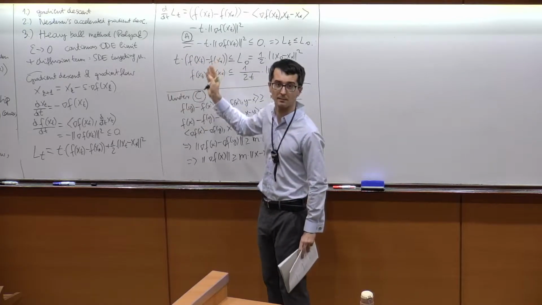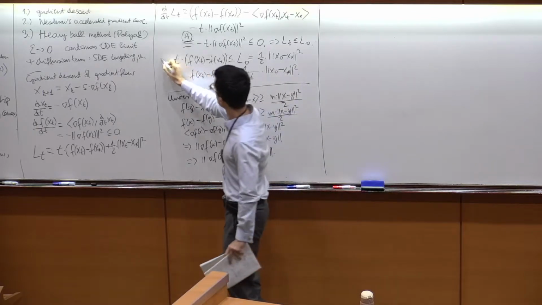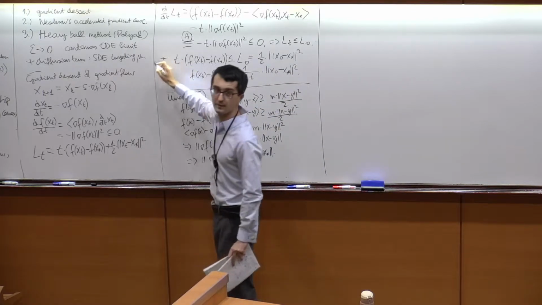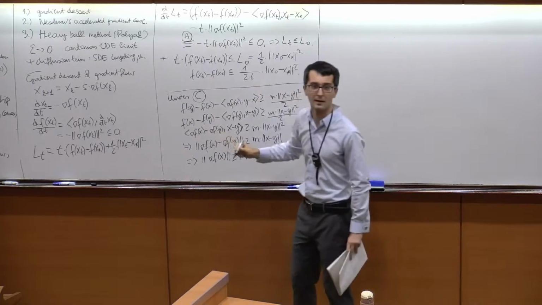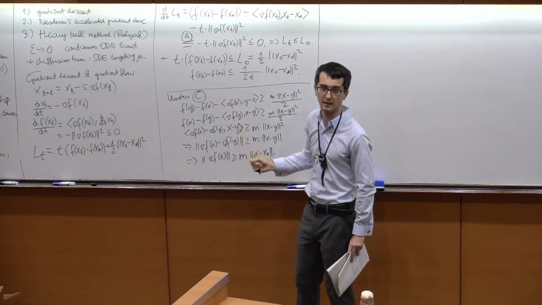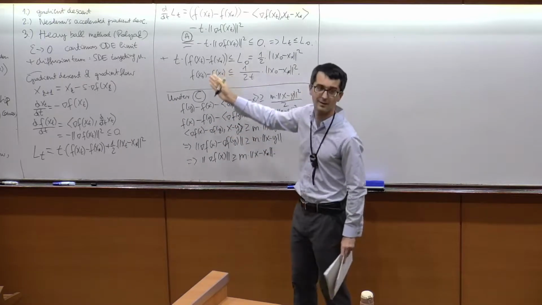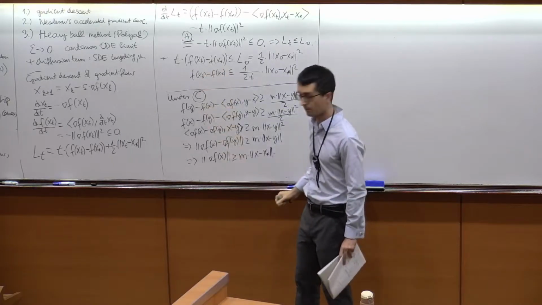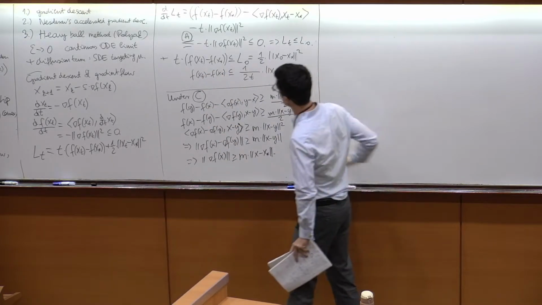So it's still upper bounded by this. You could write this plus the term t times that, but I'm not exploiting it. I'm just using this fact.